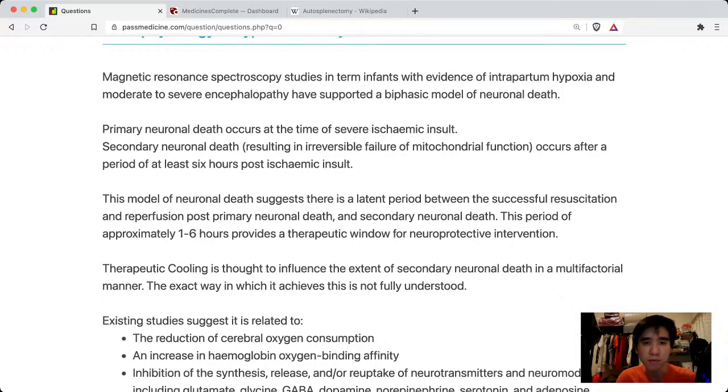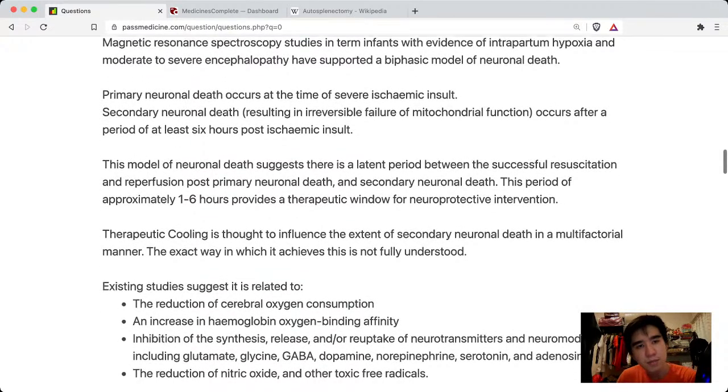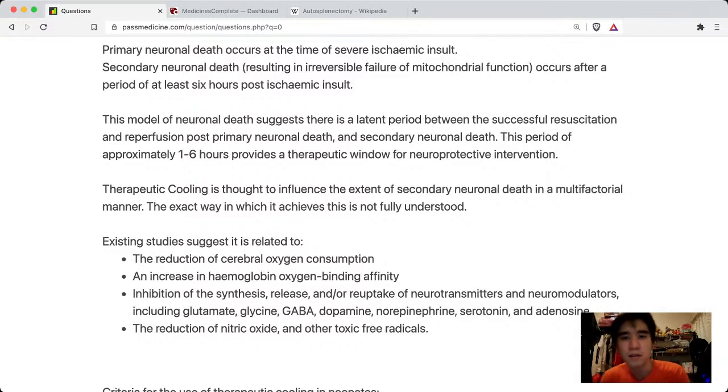Secondary neuronal death, resulting in irreversible failure of mitochondrial function, occurs after a period of at least 6 hours post-ischemic insult. This model of neuronal death suggests there is a latent period between the successful resuscitation and reperfusion post-primary neuronal death and secondary neuronal death. This period of approximately 1 to 6 hours provides a therapeutic window for neuroprotective intervention.